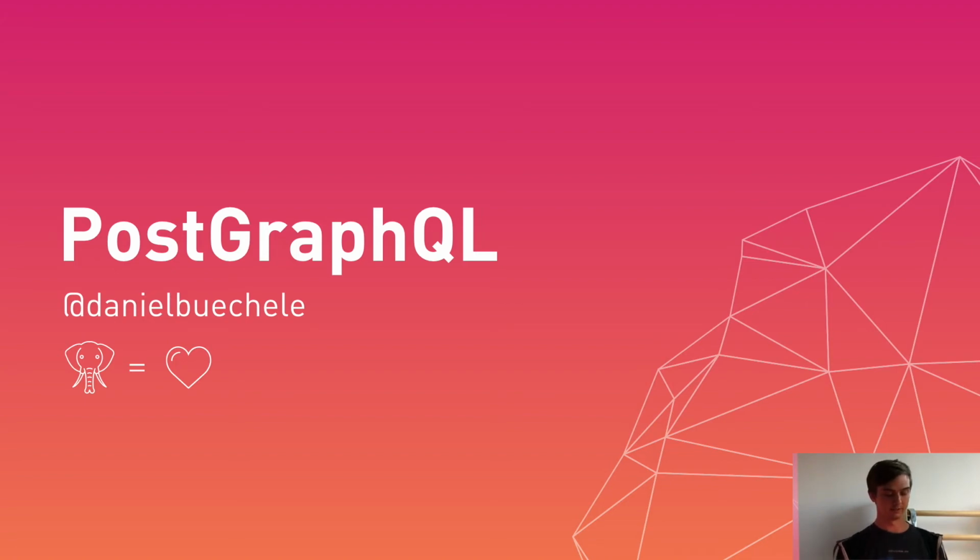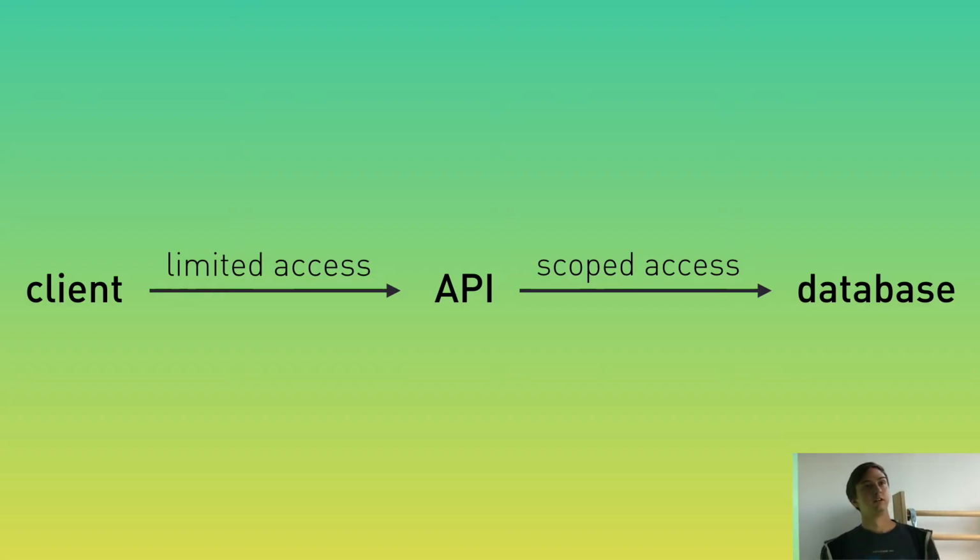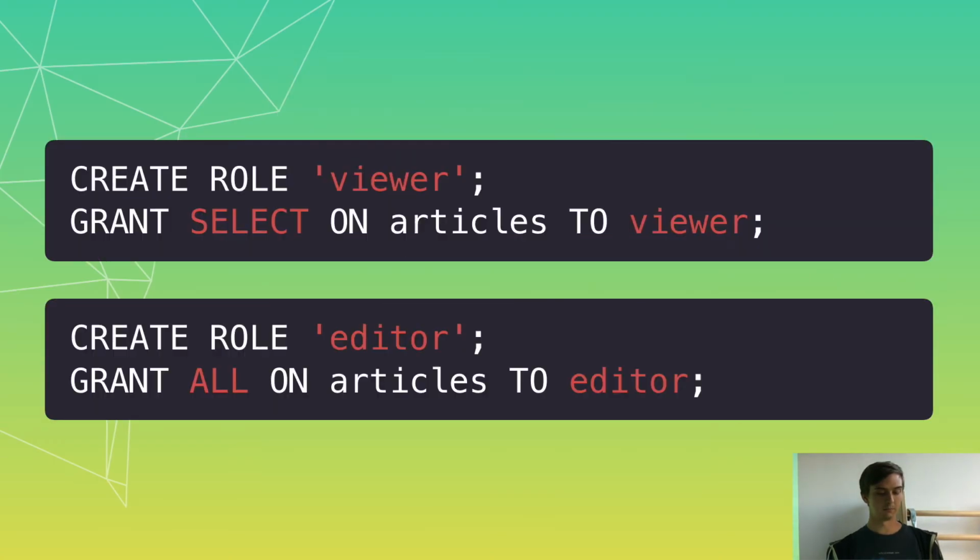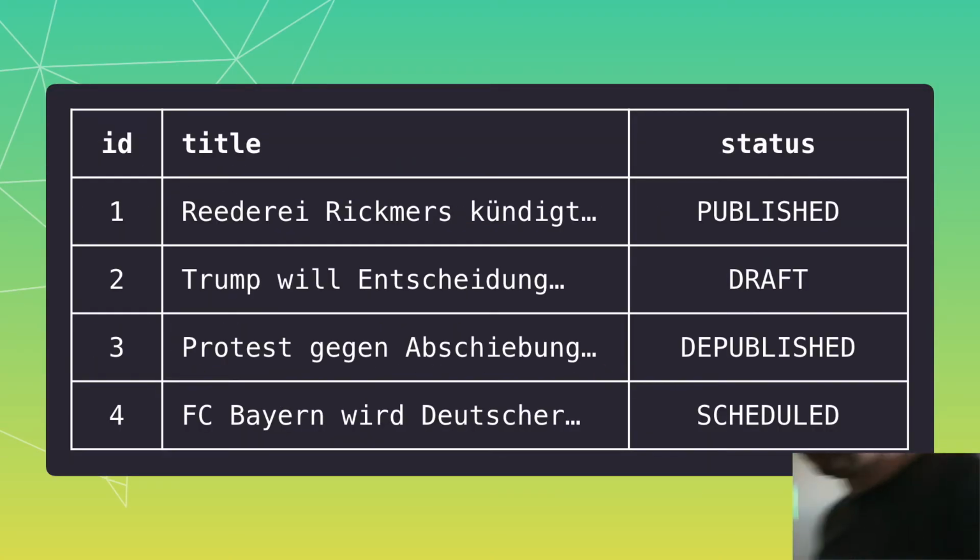My question is, you talk about the roles that you can define on the database, for example the viewer role, and what about the visibility of which set of objects a different user can see, and how you can approach it with GraphQL? So I hope I get your question right.